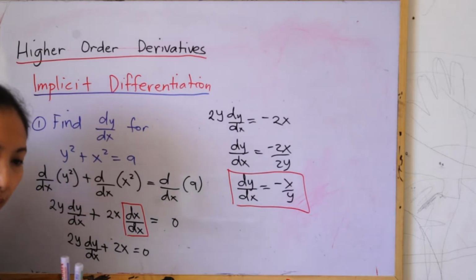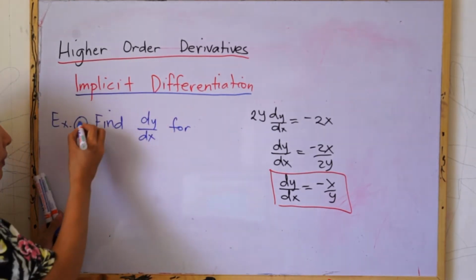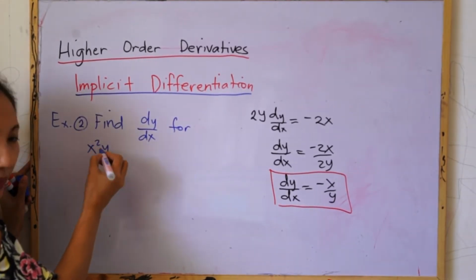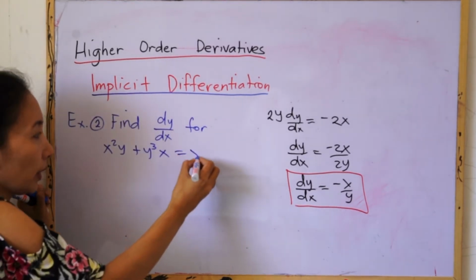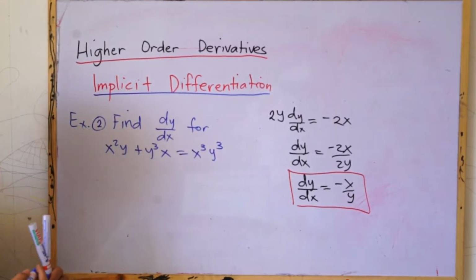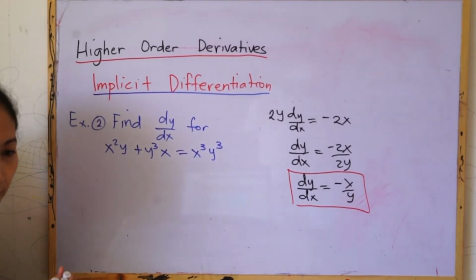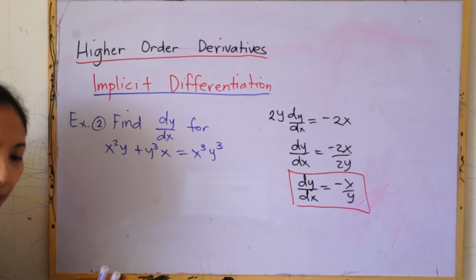Now we proceed to the next example. So for number 2, dy over dx for x squared y plus y cubed x equal to x cubed y cubed. Okay? Again, like what we did in the previous, we take the derivative of the left and the right side of the equation with respect to the variable x.